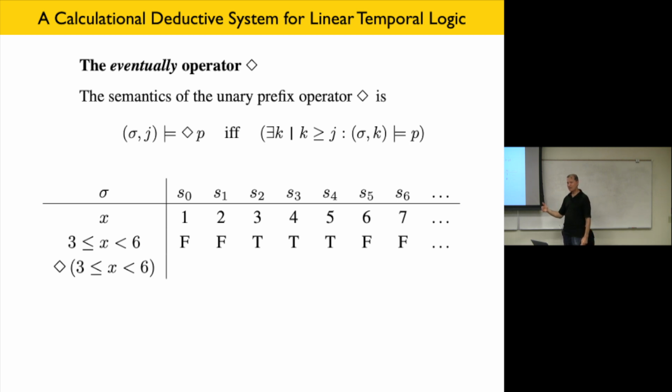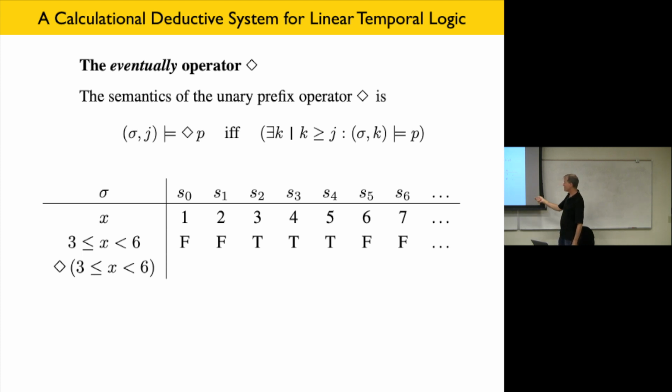Sometime in the future, you'll get a job. So what's the meaning? Eventually P holds at time J if and only if there exists a time K in the future such that P holds.